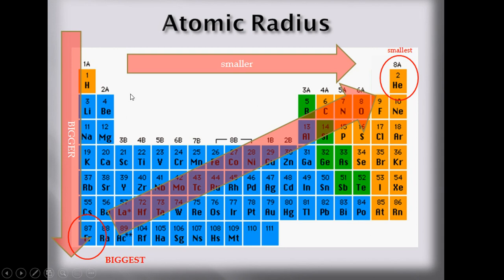But what actually happens, if we remember, lithium and neon are on the same period, so they have the same amount of energy levels. But since neon has more protons and electrons, they have a greater attractive force, and that attractive force makes neon just a little bit smaller than lithium overall.